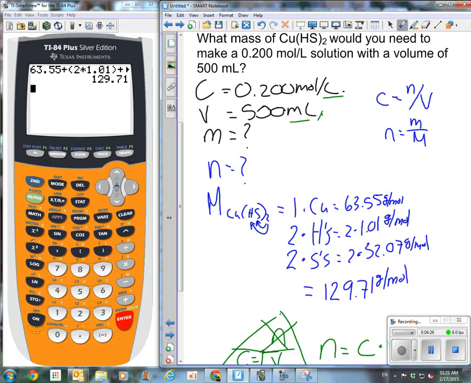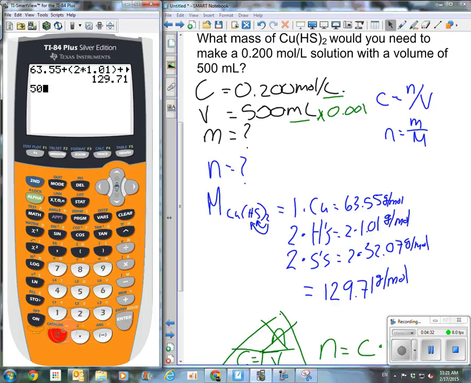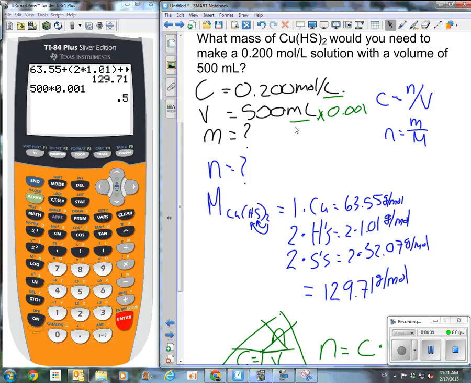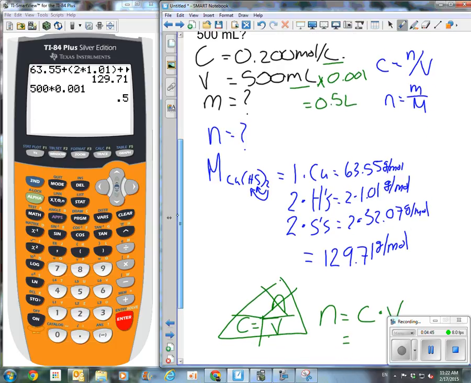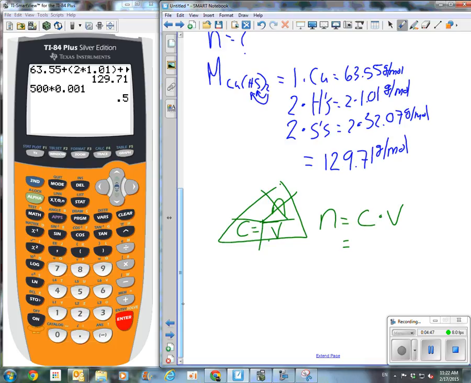So I need to multiply this one by 0.001. 500 times 0.001 gives me 0.5 liters. So 0.2 moles per liter times 0.5 liters.